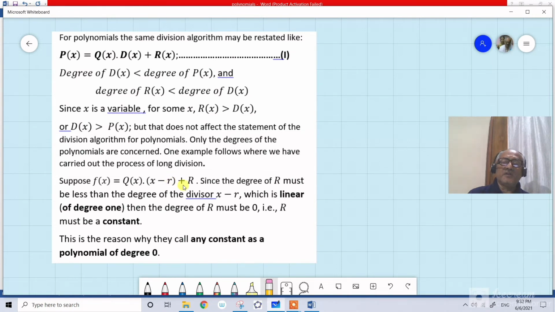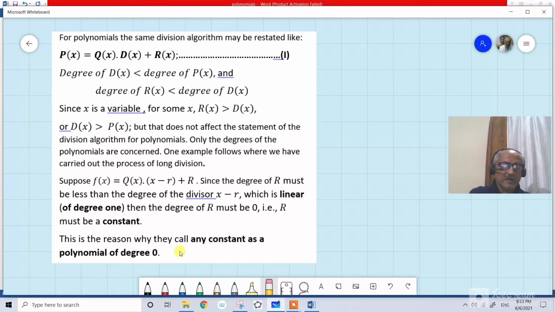Why is r the remainder? R must be a constant because the degree of the remainder must be less than the degree of x minus r. The degree of x minus r is 1, so the remainder must be less than that, it is a constant. And therefore, this r is a polynomial which is a constant of degree 0. Now you understand that any constant is called a polynomial of degree 0.